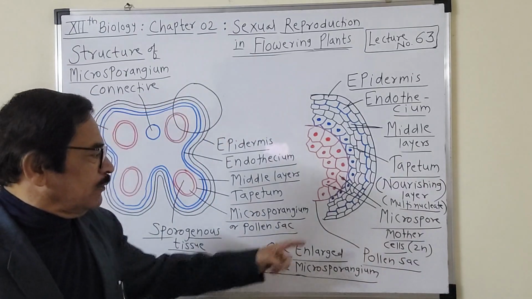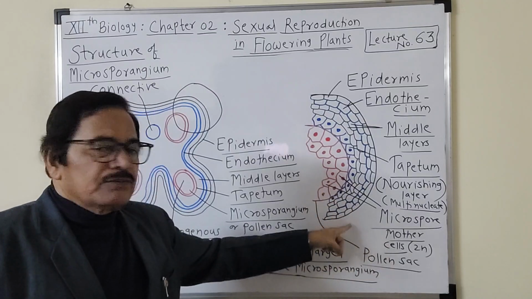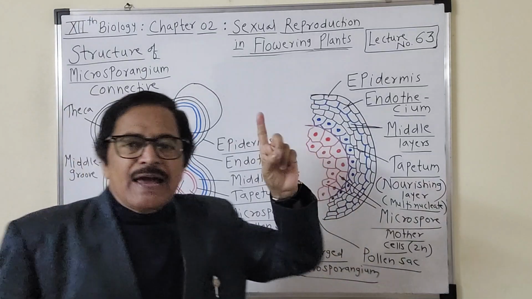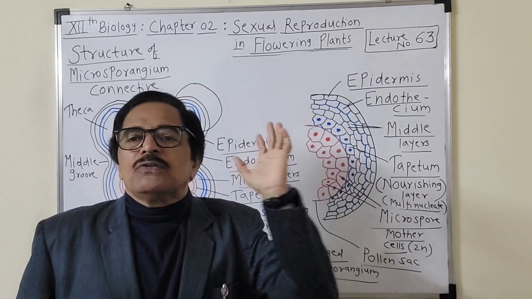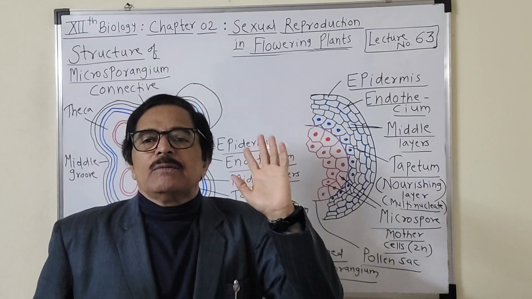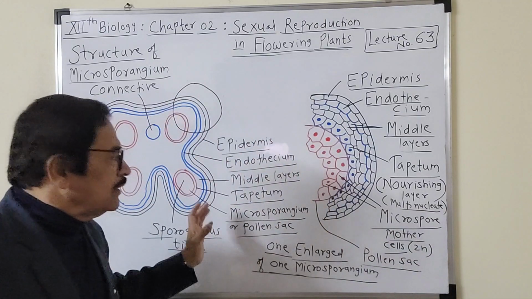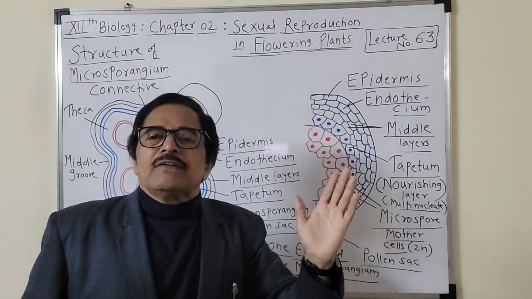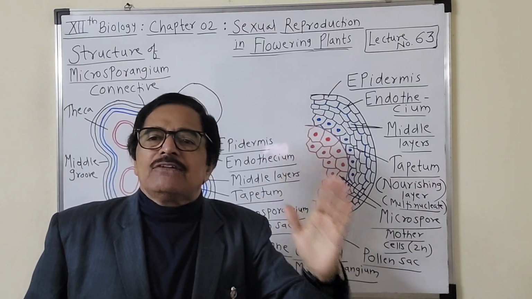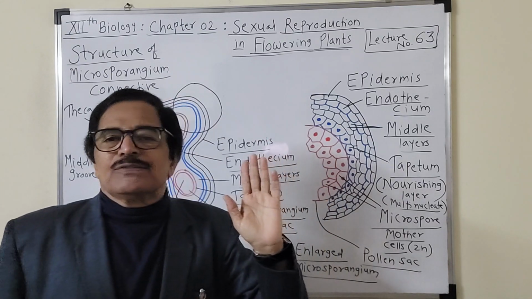So inside each microsporangium there is sporogenous tissue, which is the real fertile part. That sporogenous tissue is nourished by the tapetum, and at maturity it produces a large number of diploid cells known as microspore mother cells.